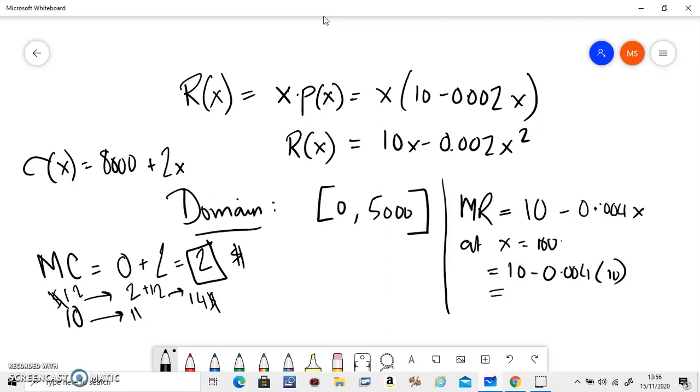Let's do 1,000 here. So if you multiply this with 1,000, you get 10 minus 4, which is $6. Now what is the meaning of the $6? Is that if you make a 1,001th unit, so if you increase the production by 1 unit, your revenue will increase by $6.